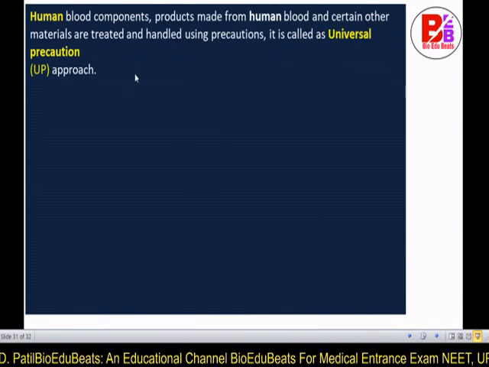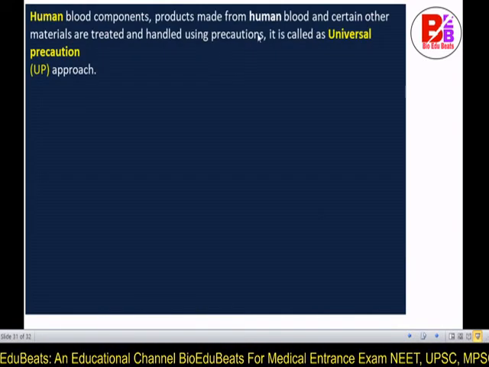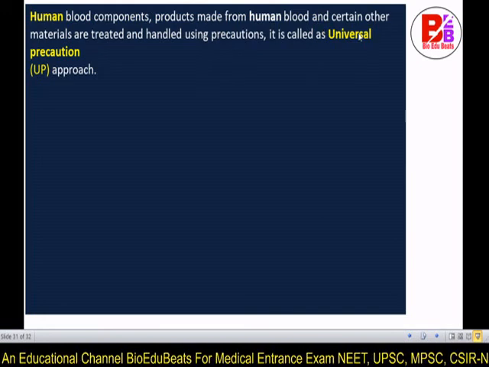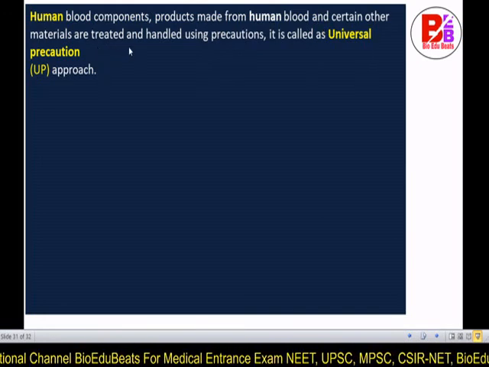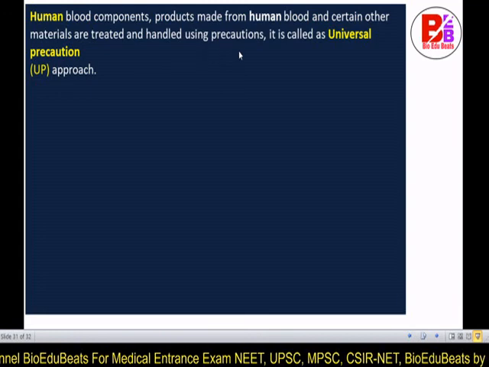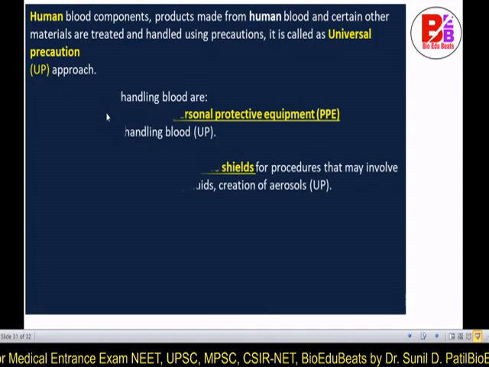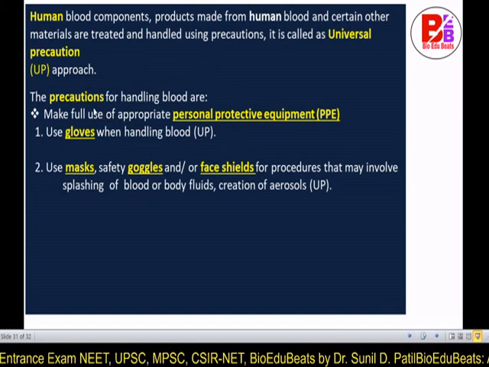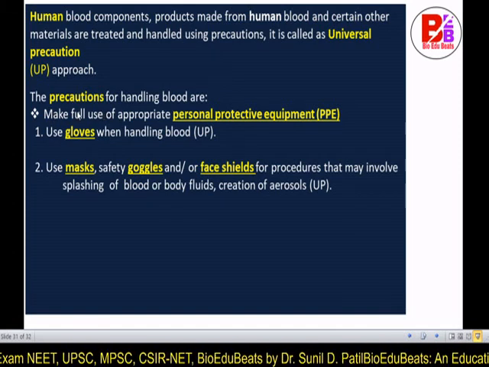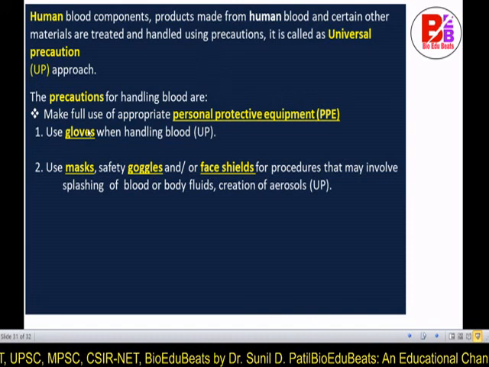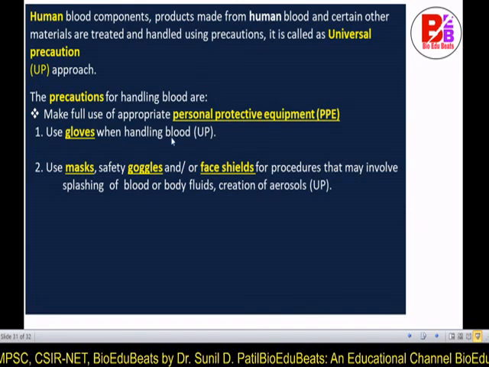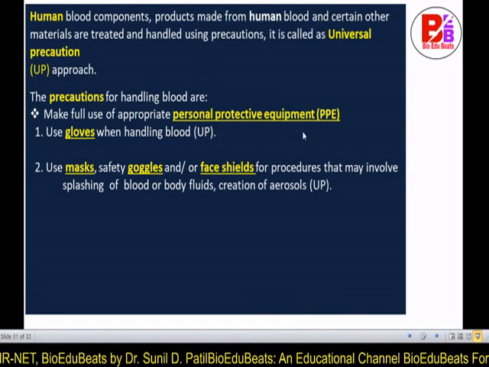We already discussed this. Human blood components, products made from human blood and certain other materials are treated and handled using precautions. It is called the universal precautions or UP approach. In the universal precaution approach, for handling blood, make full use of appropriate personal protective equipment, PPE.